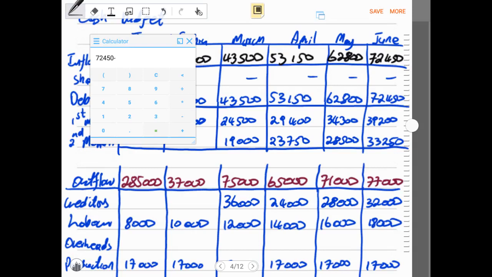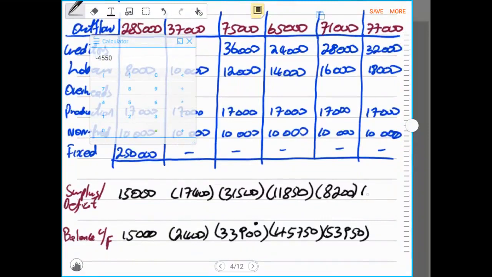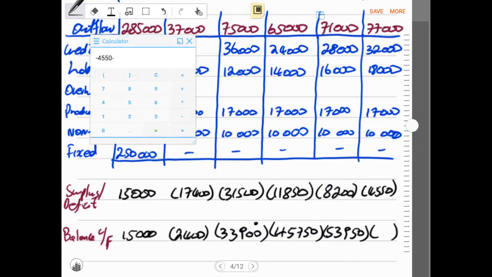Then now we do the last month, and the last month is having cash flows of 72,450. We less the outflow of 77,000 rands. That gives us a deficit of 4,550, and we have to increase our balance deficit by 4,550. Then we say plus 53,950.